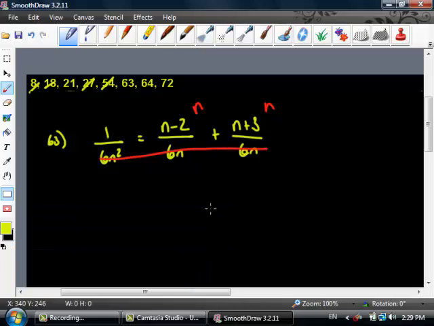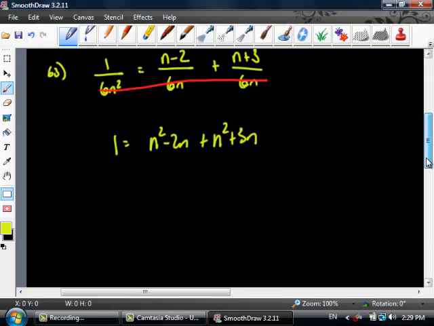So what I get is, since this got multiplied by nothing, it's 1 equals n squared minus 2n, n squared plus 3n. Alright, so let's combine some like terms here. This is 2n squared plus n equals 1. I'm going to subtract 1 from both sides.